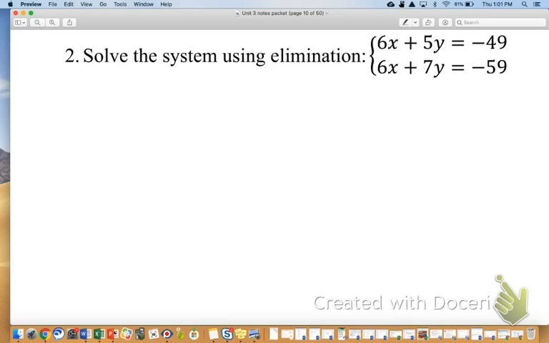Plus and negative. Be a little more specific. Negative 6x. Yeah, the x's both have a coefficient of 6x. Are you with me? Come on. I want to at least get you started here.